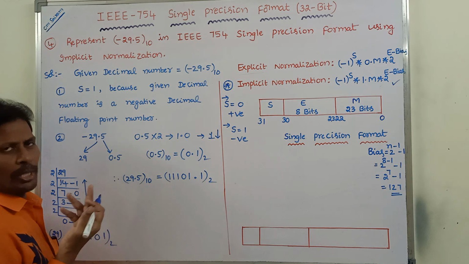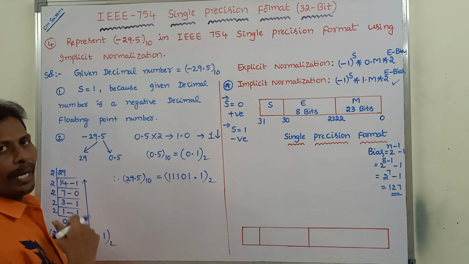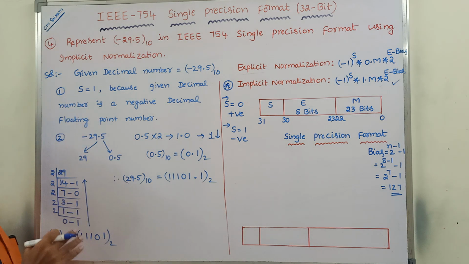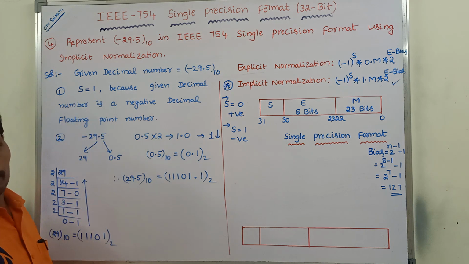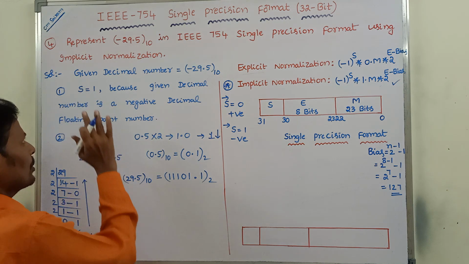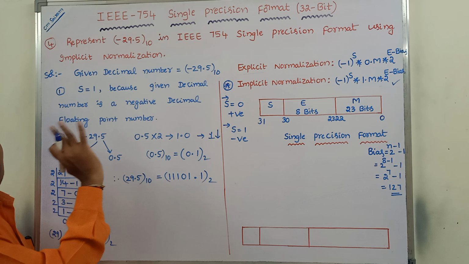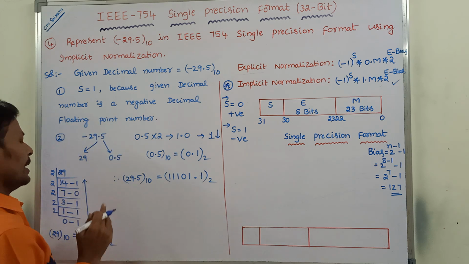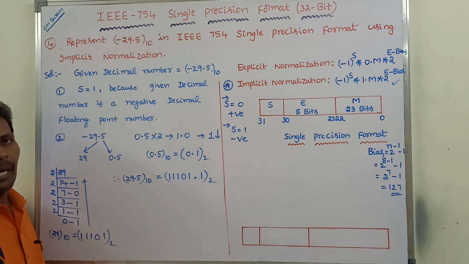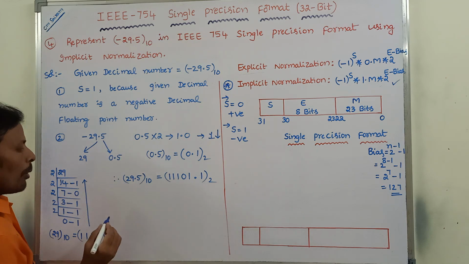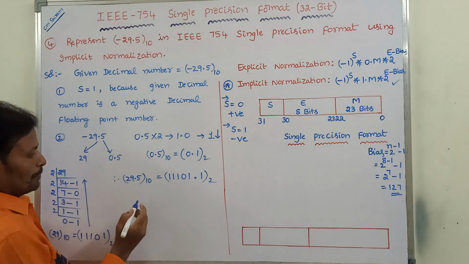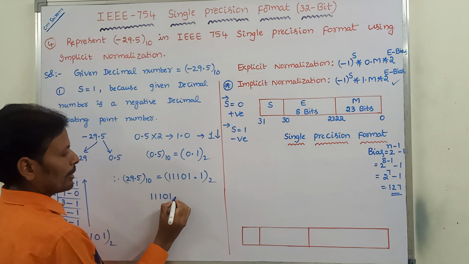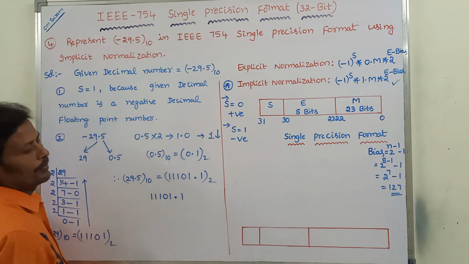Here we do not mention minus, because the minus is already handled by the sign bit, where we put s equal to 1. So up to that point, the minus sign is completed. Now I am taking 29.5, converted into its binary equivalent, 11101.1.